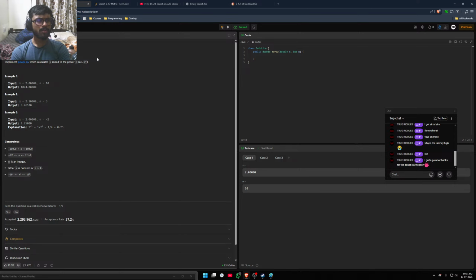This is hard. Dark mode, baba, dark mode.